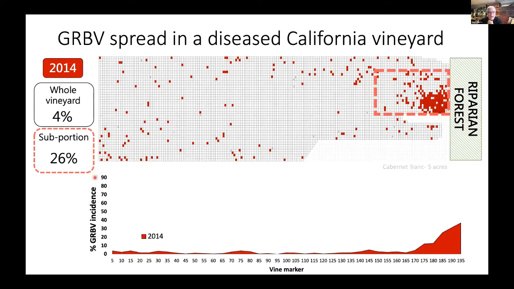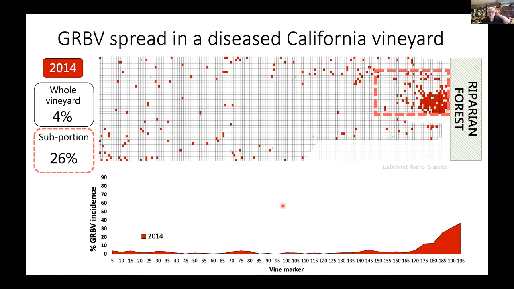The bottom graph is the same 5-acre Cab Franc vineyard, for which the disease incidence is represented across the vineyard like this, in panels of 5 vines. So in 2014, the incidence of red blotch was 4% throughout the whole block. But in the sub-portion that is arbitrarily delineated here, it is 26%.